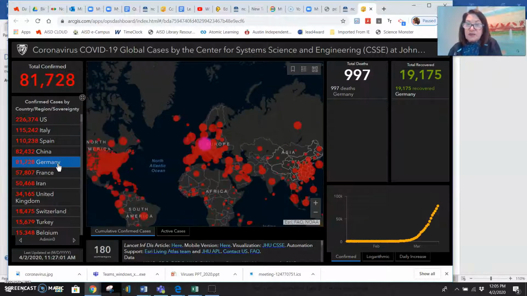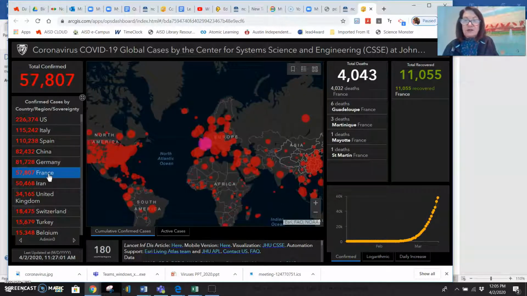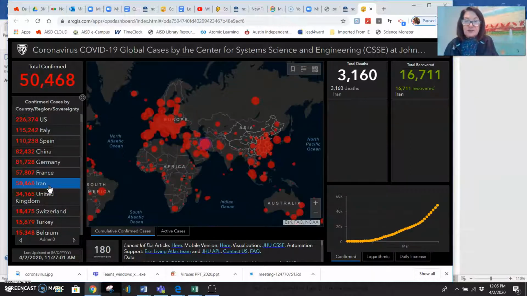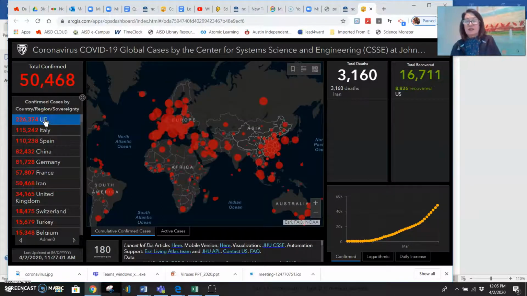Germany, which is just a little country here. I mean, some of these are tiny, right? Has 81,728,000. And so you can kind of go down and see France has a ton as well. And Iran has a lot too. Okay, so when it's asking which countries in the world have the highest number of cases, if we look down this, we can see that the United States has the highest amount of cases.